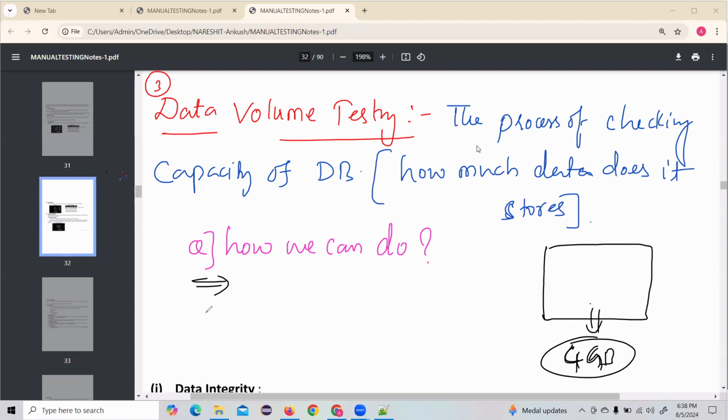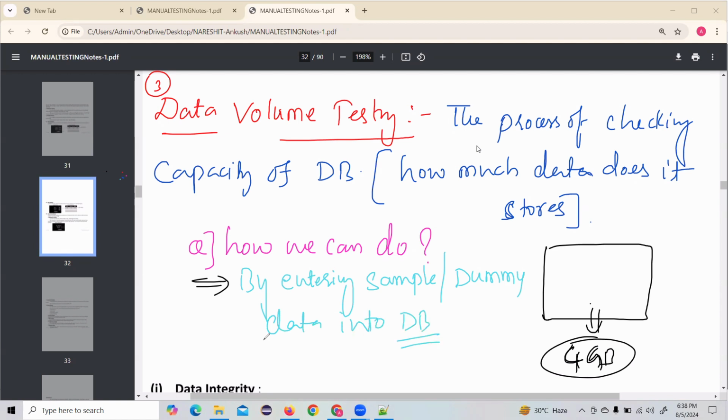I don't have 4 GB of data. So you write there by entering sample data or dummy data into the database. Copy this. This is what we call database testing.